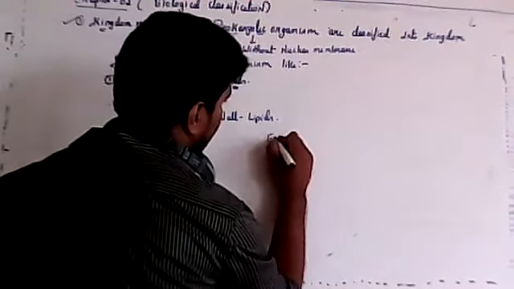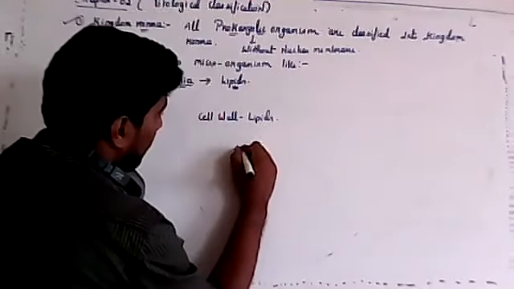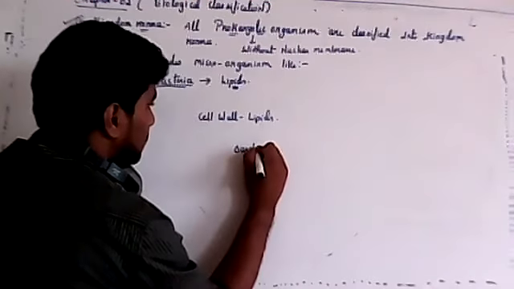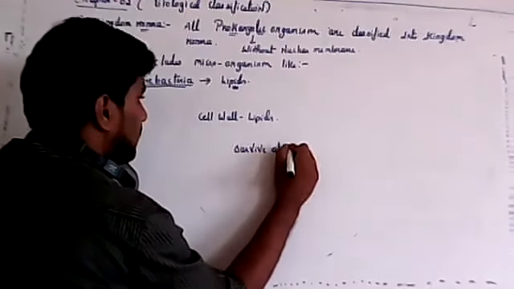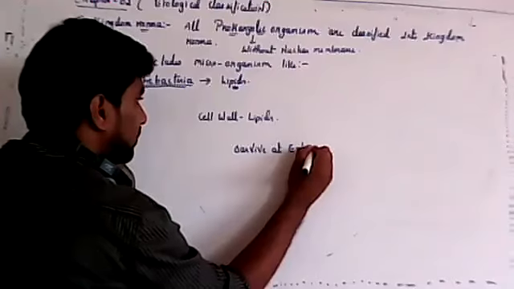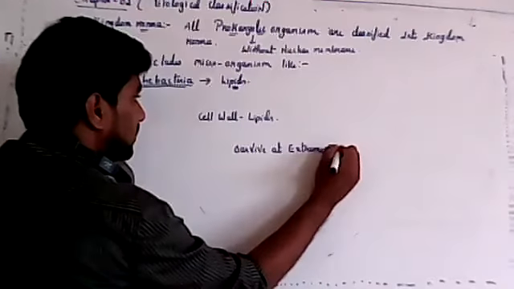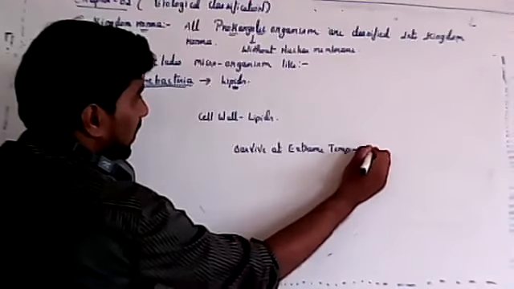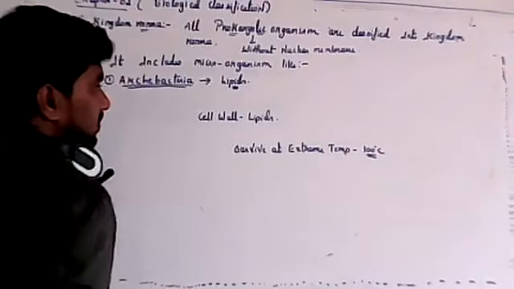They are ancient bacteria that survive at extreme temperature, around and above 100 degrees Celsius.